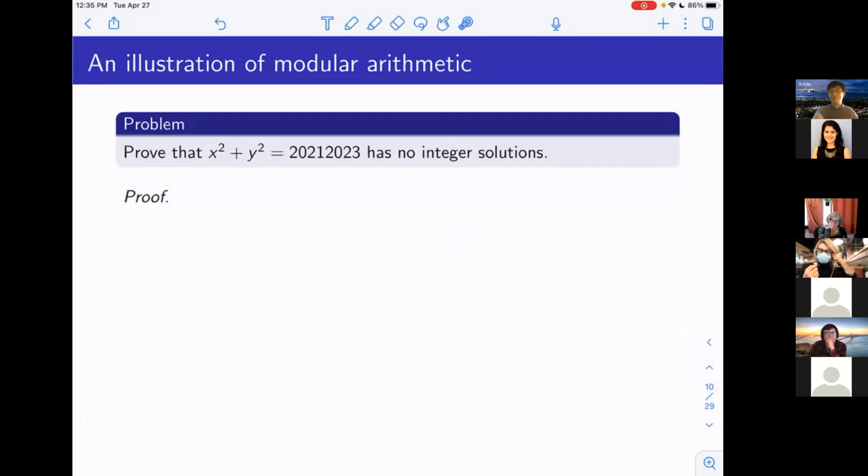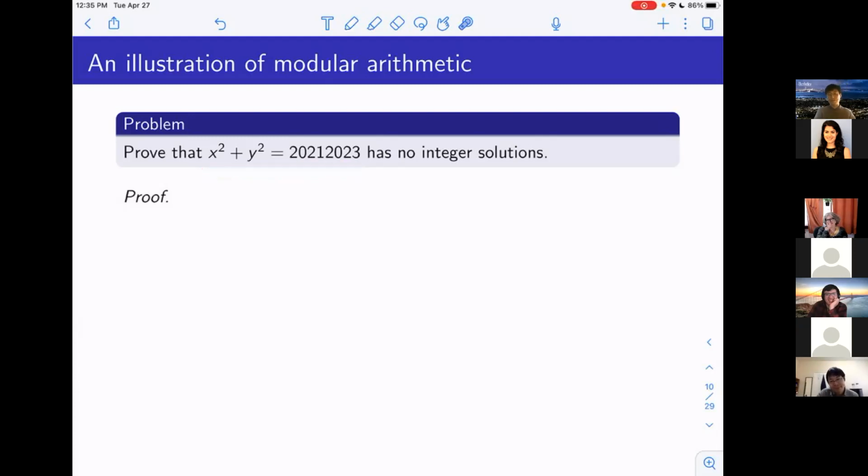Math consists of theories or theorems, but also exercises. And some people say that a math sum must contain a proof. And well, as a mathematician, I like to prove things. So here we go. The problem is that this equation here has no integer solutions. Well, there's one computational way to see this, because squares are non-negative.